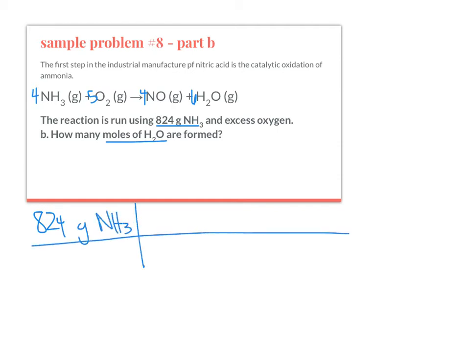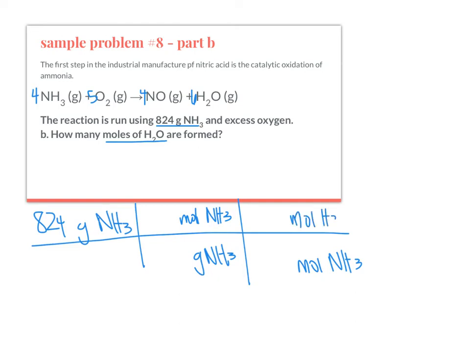And if we have grams of NH3 on top, what are we trying to get to? Moles of H2O. So we can't go from grams of NH3 to moles of H2O. So we have to go to moles of NH3. If we have that on top, we have that on bottom. And we're still trying to get to moles of H2O. So then we have moles of H2O.